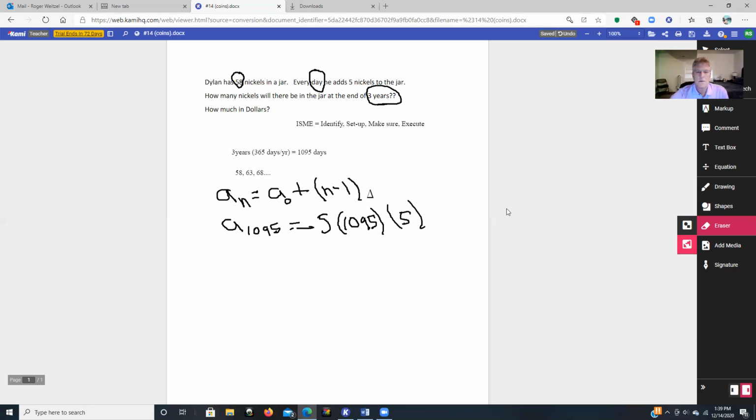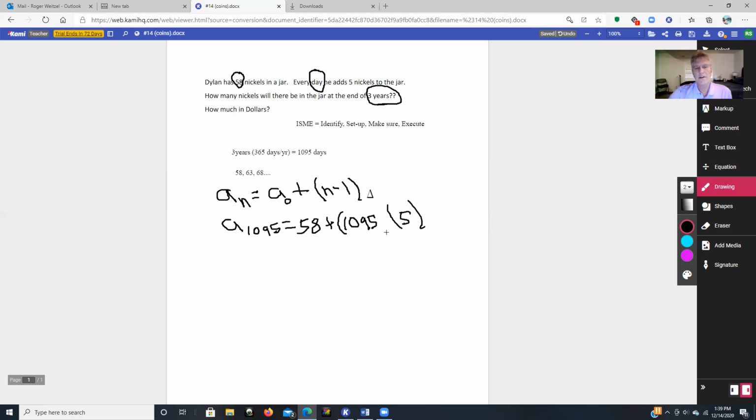Let me just erase this. So what we wanted to do here was to say that this was equal to a sub 0, which was 58, plus, boy, I was focusing so much on trying to draw here that I screwed up the equation.